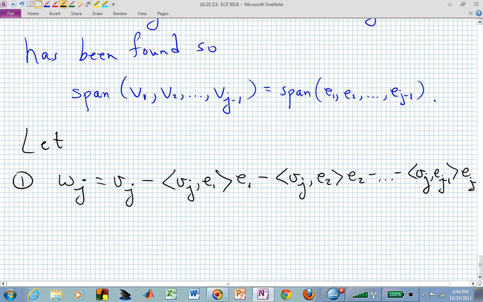What we're doing then is we're actually pulling off pieces or component parts of V sub j.